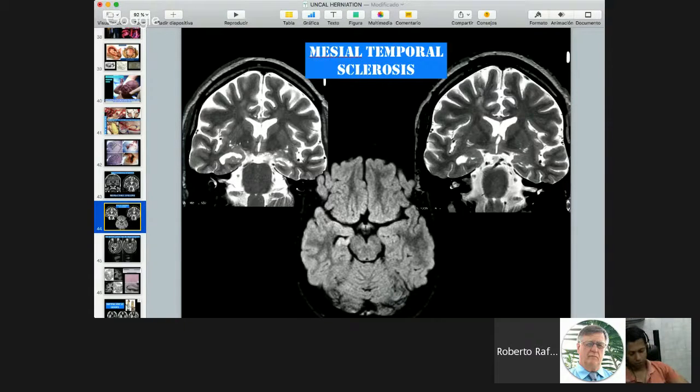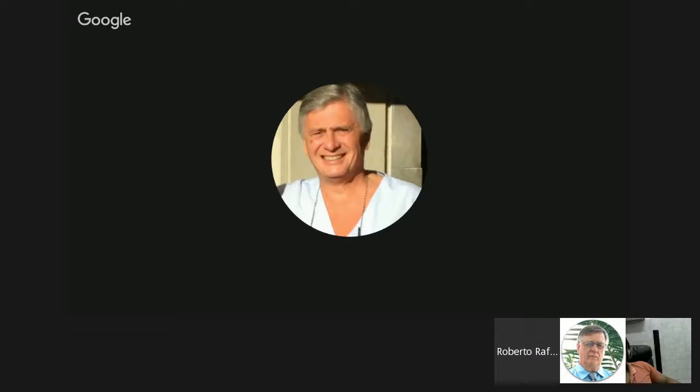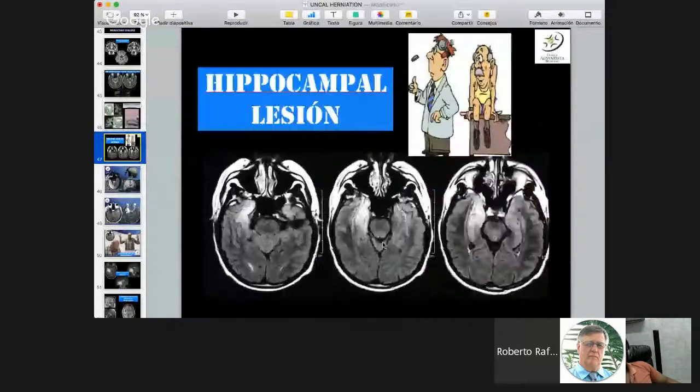Nowadays we can take measurements of the volume and compare one temporomesial sclerosis with another. I'm going to show you some cases. For example, this is a hippocampal lesion. We decided to remove it.